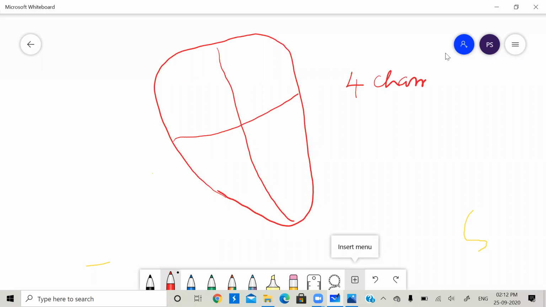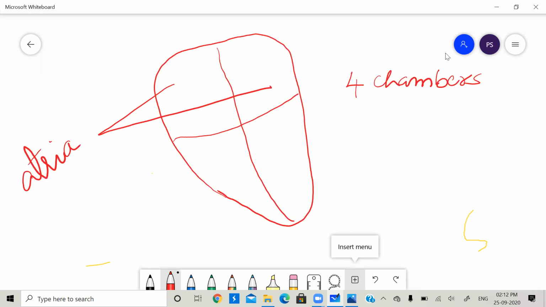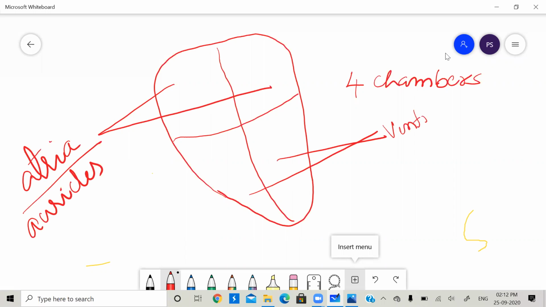These upper two are called atria or auricles, and the lower two are called ventricles.